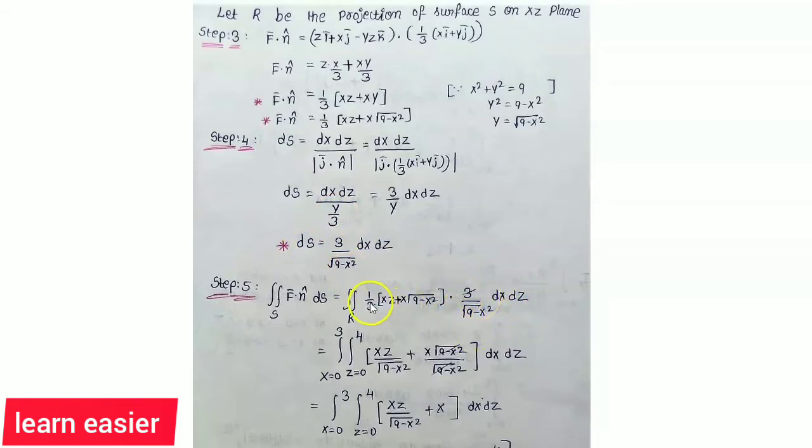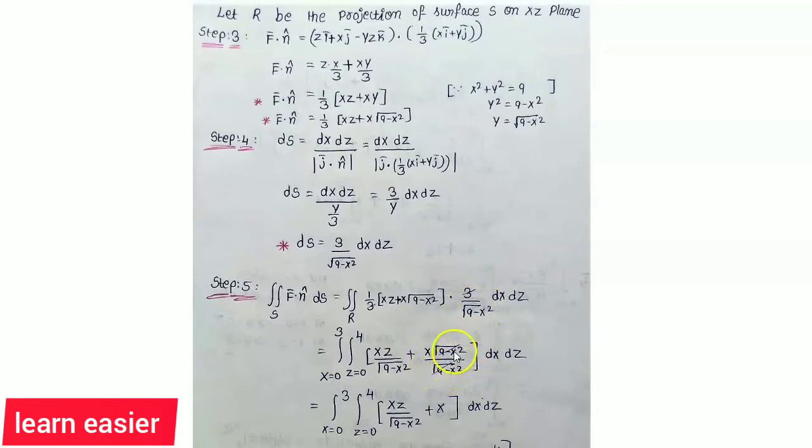Now here you can see 3 is there and 3 is here, so both are cancelled out. So finally we got xz by square root of 9 minus x square plus x into square root of 9 minus x square into 1 by square root of 9 minus x square.